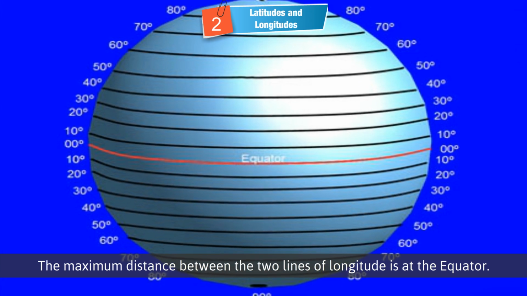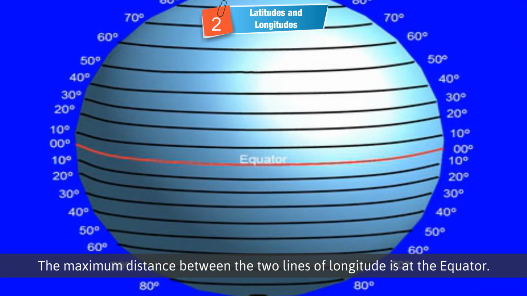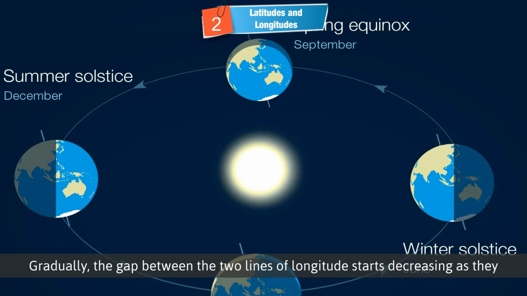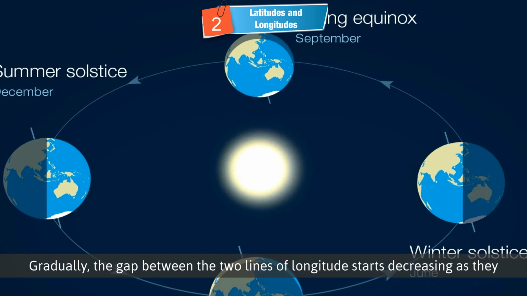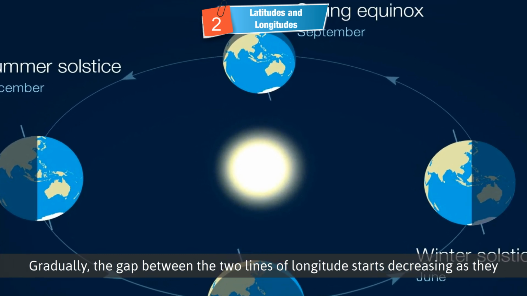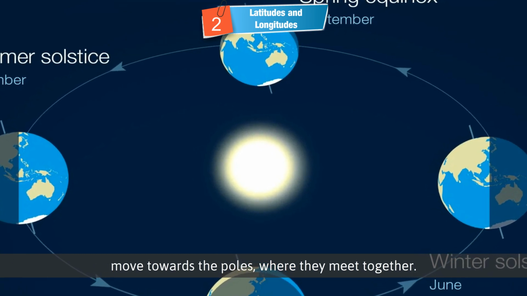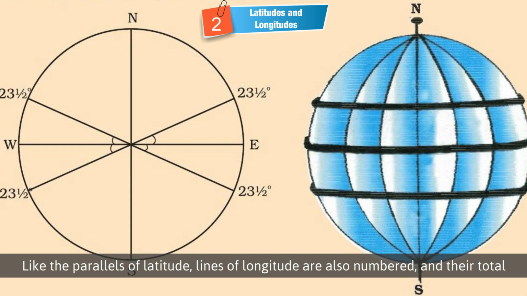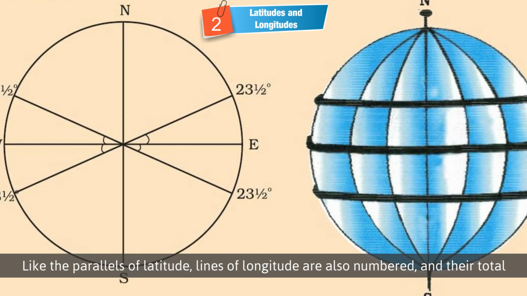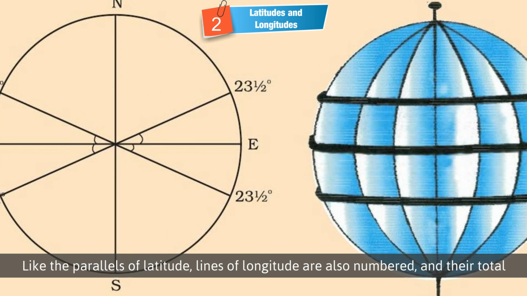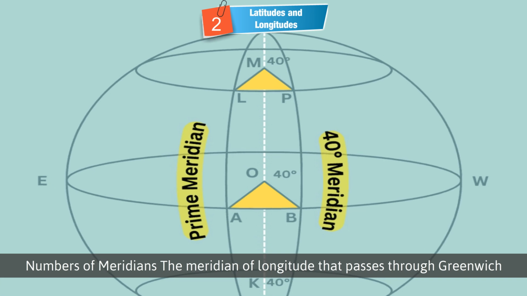The maximum distance between the two lines of longitude is at the equator. Gradually, the gap between the two lines of longitude starts decreasing as they move towards the poles where they meet together. Like the parallels of latitude, lines of longitude are also numbered and their total number is 360.